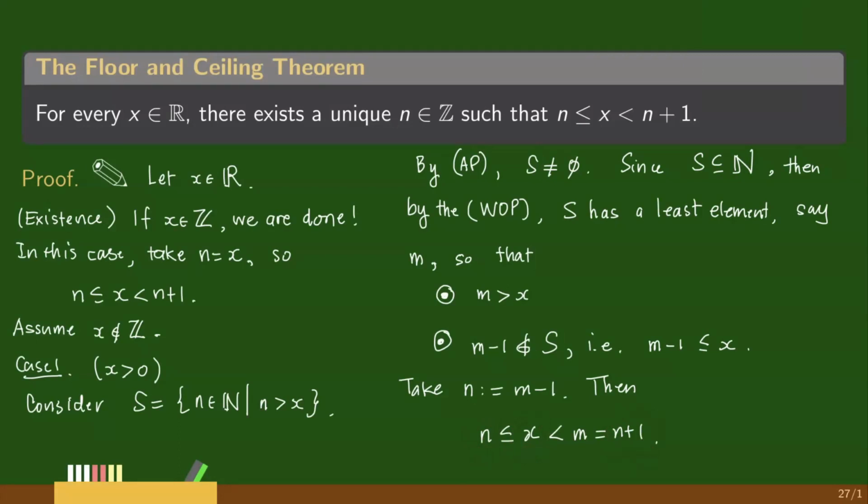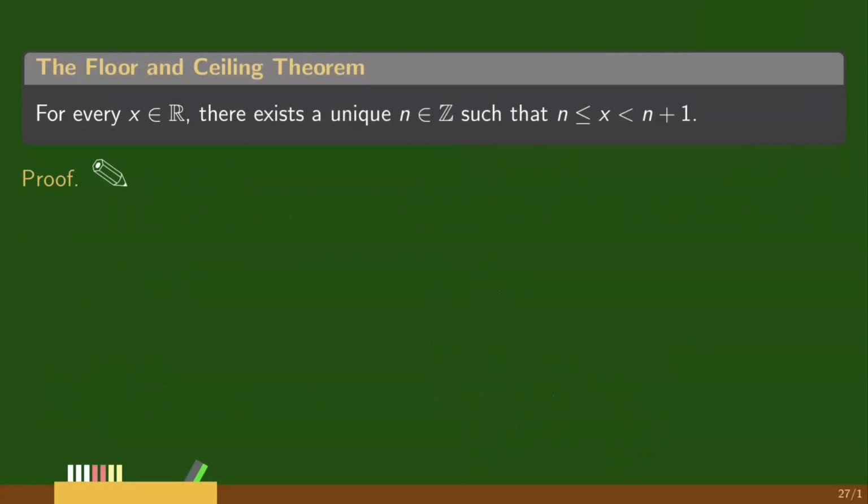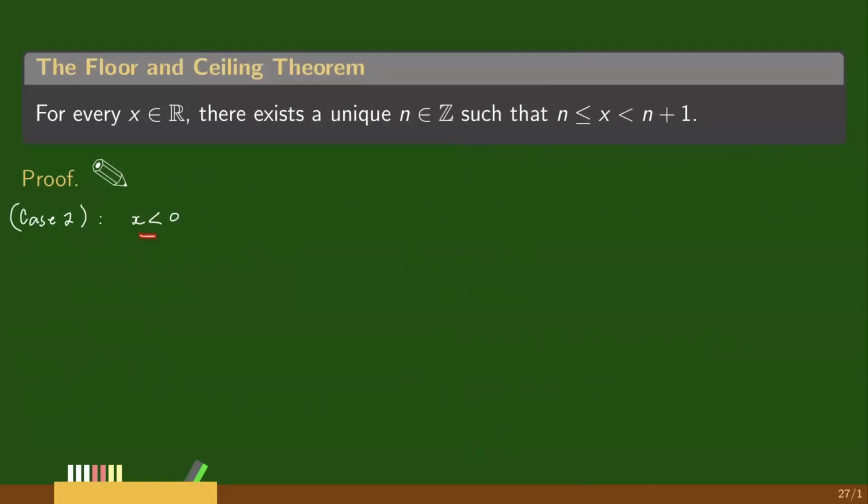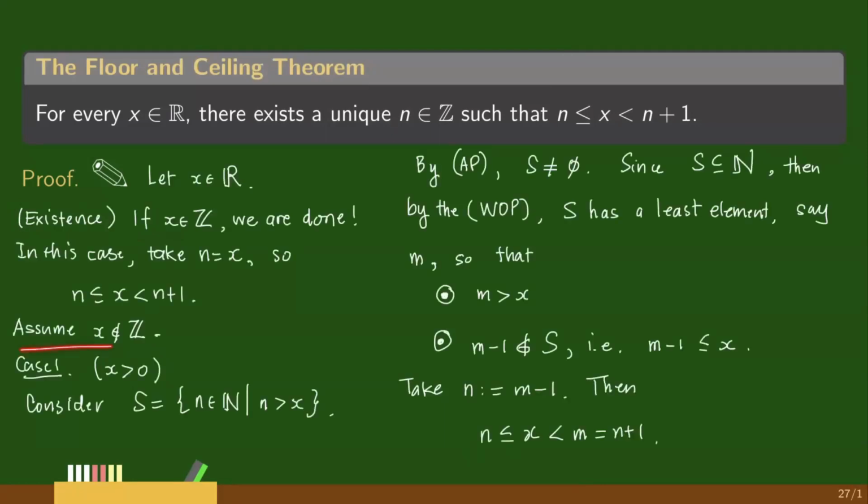Can I move on to the second case? Sige. Ano yung case 2? Ang case 2, x is less than 0. Kasi kanina, ang case 1, ang x ay greater than 0. Bakit wala nang case 3? Ang case 3 sana, x is equal to 0. Kaya lang, x is not an integer anymore. Assume x is not an integer, kasi tapos na tayo sa case when x is an integer. Okay?